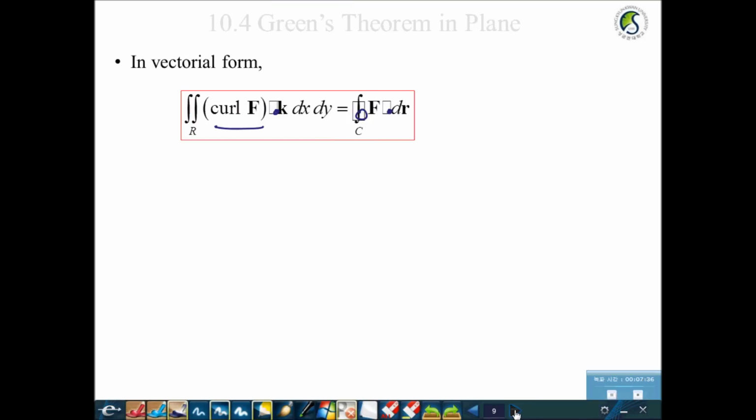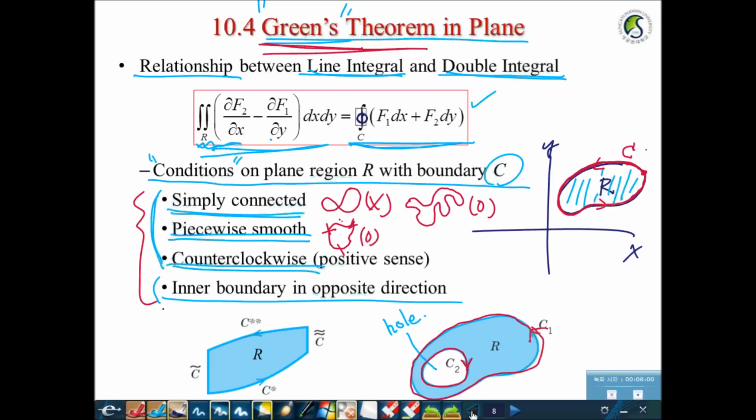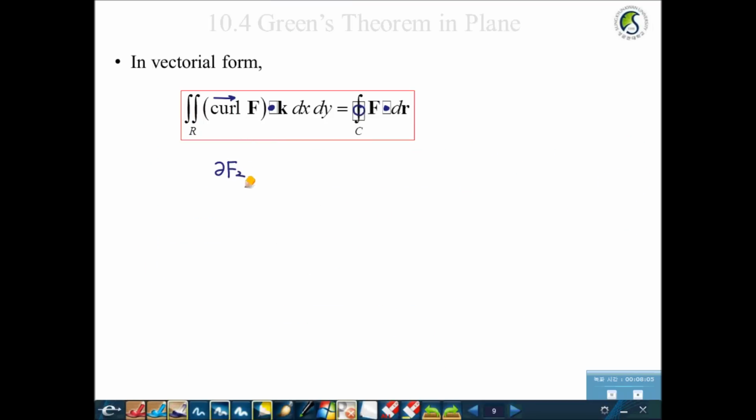In vectorial form, that's what it is. This is a dot product over the closed curve. And see, this is the curl. Why? Because it's ∂f2/∂x minus ∂f1/∂y.